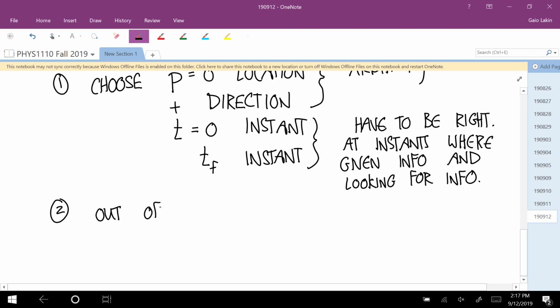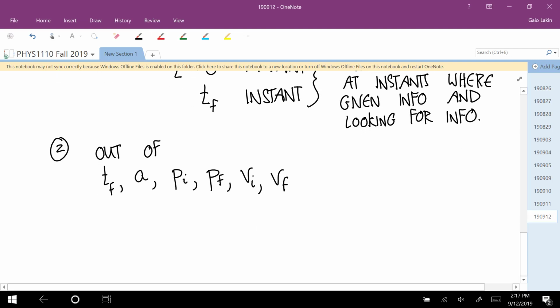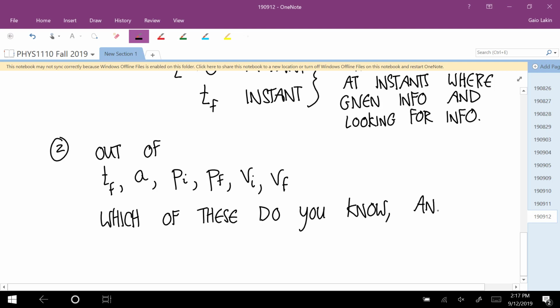So out of all the possible variables, which are time final, acceleration, P initial, P final, V initial, and V final, which of these do you know values for? And which one do you want to find?